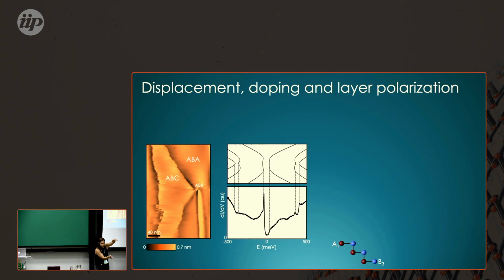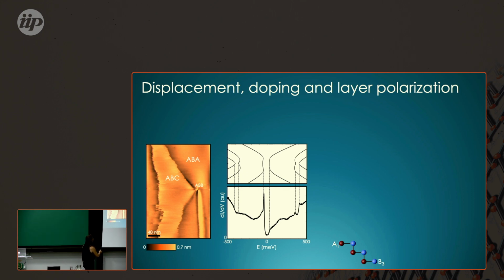Under large displacement field, the gap opens, and what you see here is the Van Hove singularity of the bottom of the band, the flatness of the bottom of the band due to the application of displacement field. Okay, in a minute, wait a slide, and you will see it.